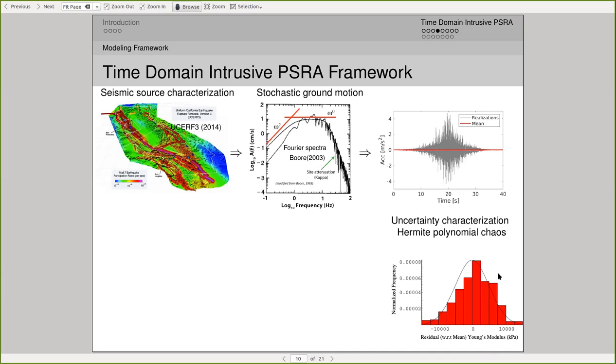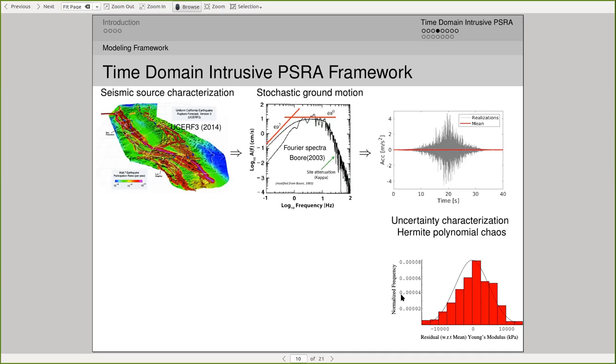And on the other hand, we will also have some uncertain structure parameters in the engineering system. So we will characterize both of these uncertain motions and uncertain structure parameters using a unified technique we presented before. That is the Hermite polynomial chaos Karhunen-Loève expansion.